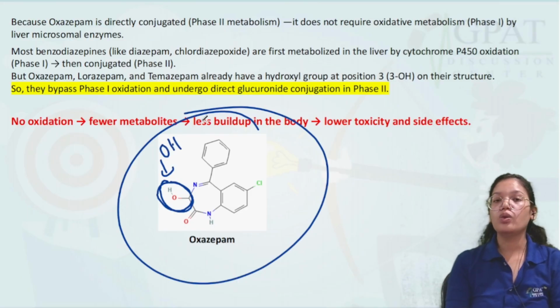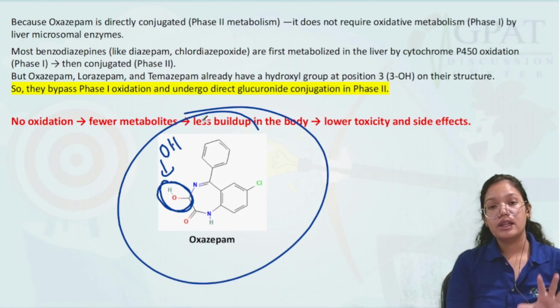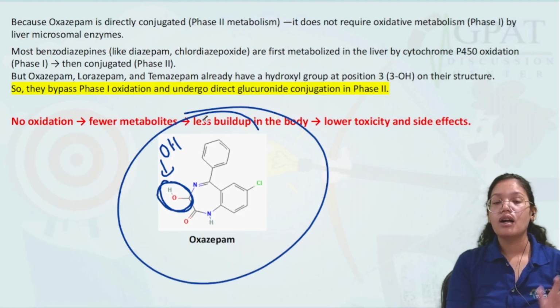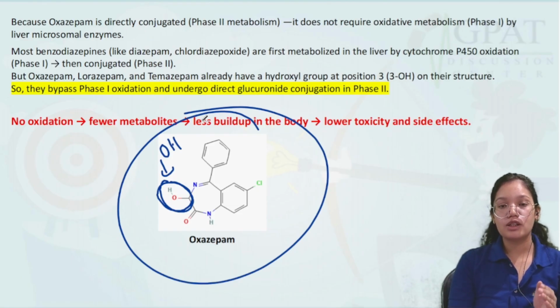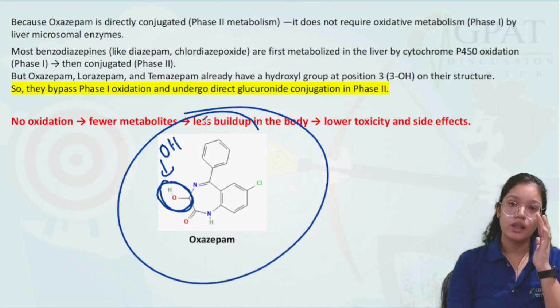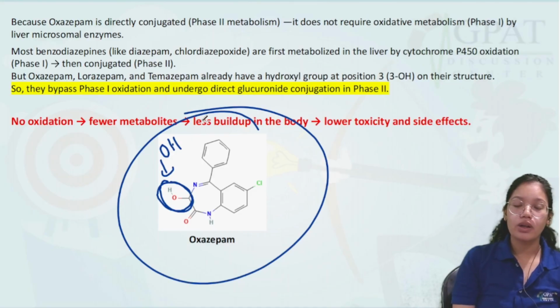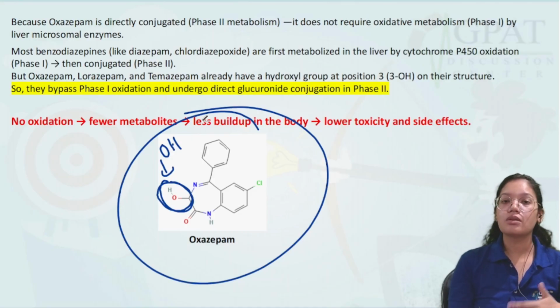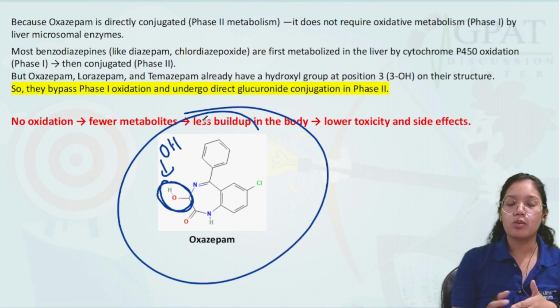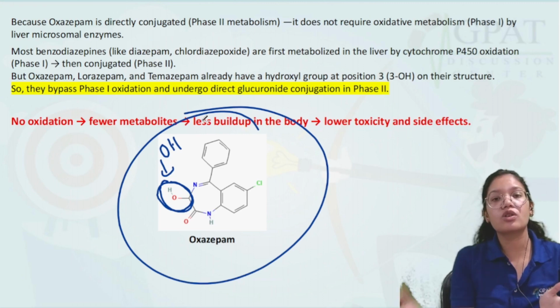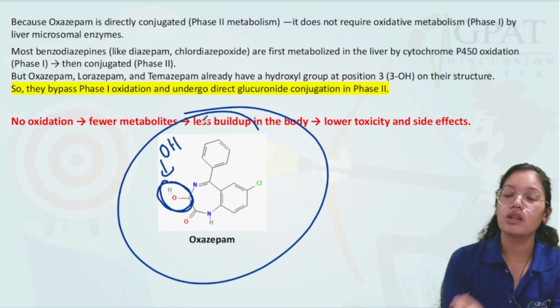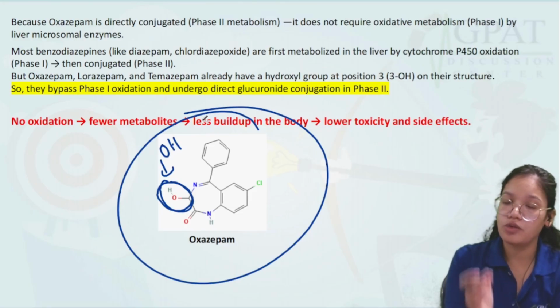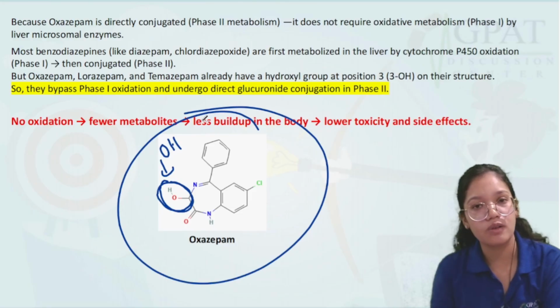Due to the presence of this OH group, the phase 1 reaction is bypassed. What is a phase 1 reaction? In metabolism, we change something into a water soluble form. Whenever metabolism is going on, it first undergoes the phase 1 reaction, then the phase 2 reaction.